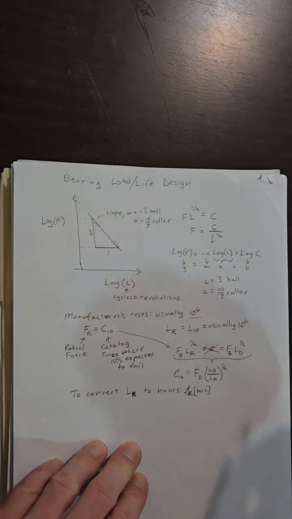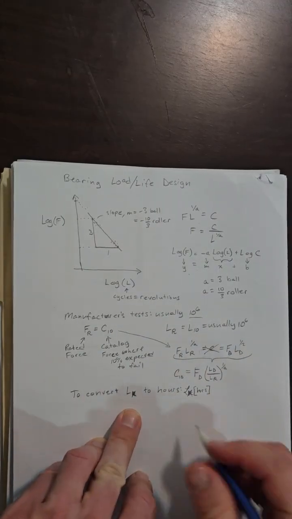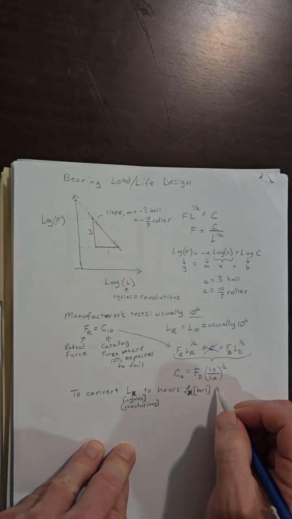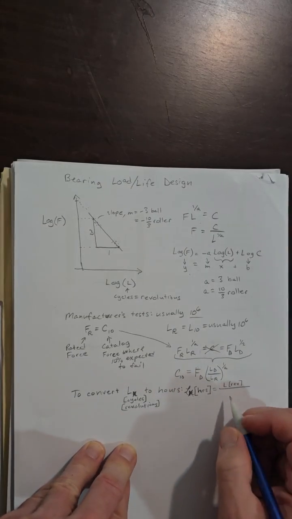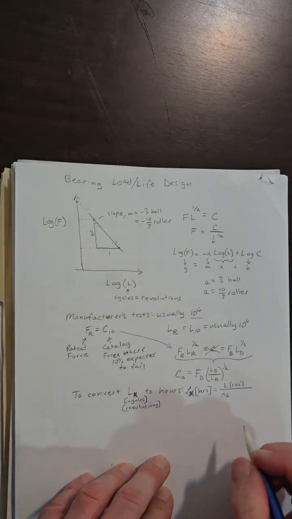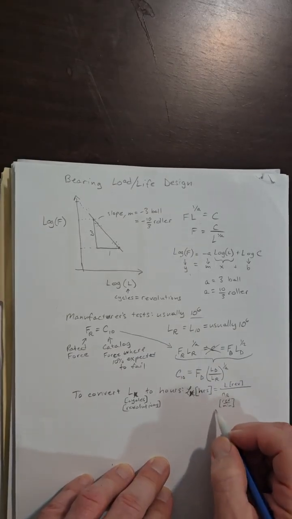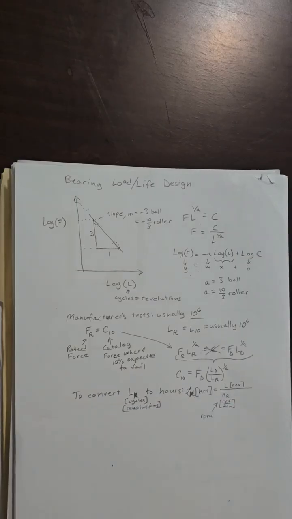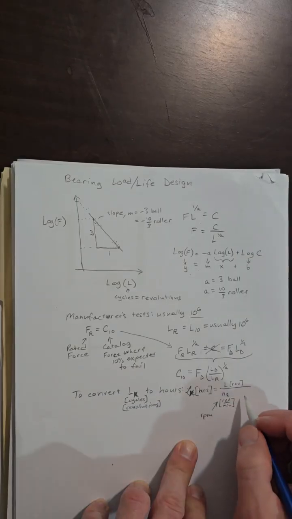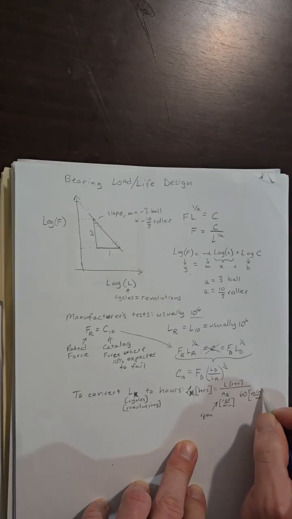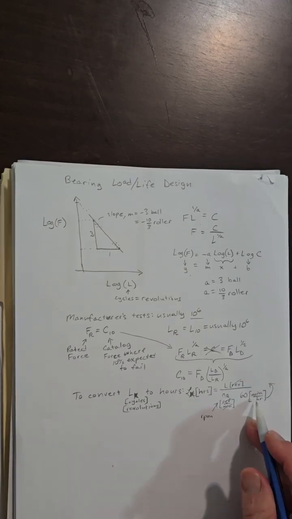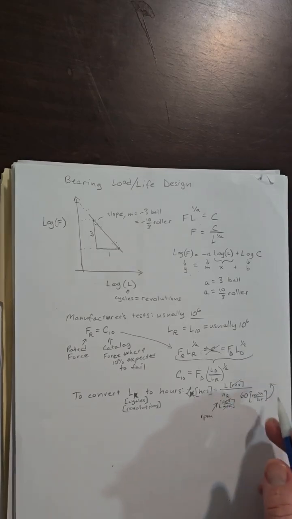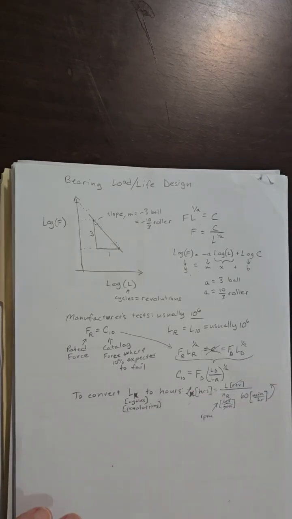This is simply the conversion for life in cycles or revolutions to hours: script L equals L in revolutions divided by N, the number of revolutions per minute, which we usually call RPM, times a conversion factor of 60 minutes per hour. Revolutions cancel with revolutions, minutes cancel with minutes, and then hours goes to the top. Since it's in the bottom of the fraction, it goes to the top, so we get lifetime in hours.